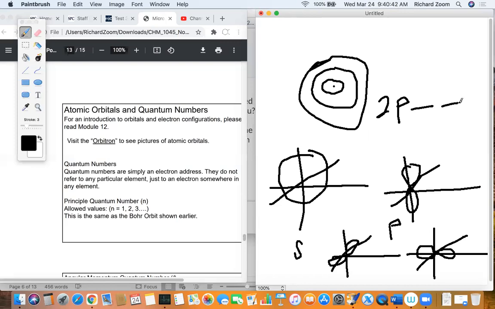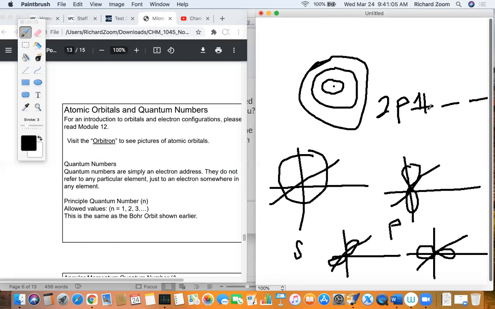When we're talking about a 2p orbital, there were 3 energy levels. And these 3 energy levels, or 3 orbitals, match the 3 orbitals that I'm showing you here. So there's one for each of them. And then we have electrons in each of those, and we have a maximum of 2 electrons.